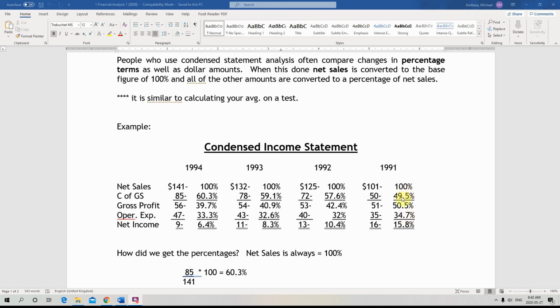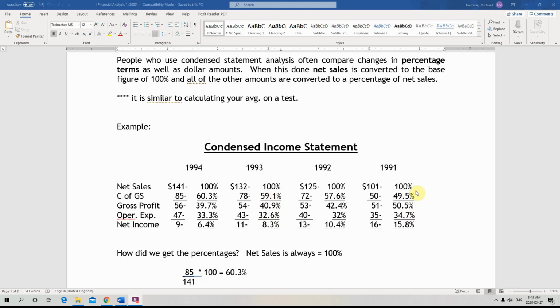All we've done is take 101 divided by 101 is 100%. Then 50 cost of goods sold as a percentage of net sales. So 50 divided by 101 is 49.5%. And we convert the other figures, and we do that for each year.